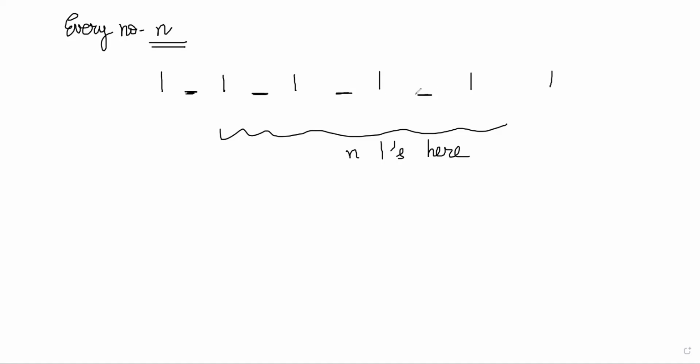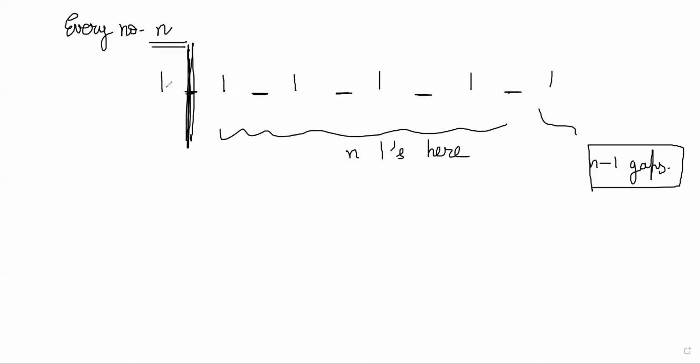How many gaps are here inside, right? The number of such gaps is basically n minus 1, right? n minus 1 gaps, right? So my choice is basically, if I put a partition here, for example, think about it. If I put a bar here like this, I get one partition, right? I get 1 plus 4.